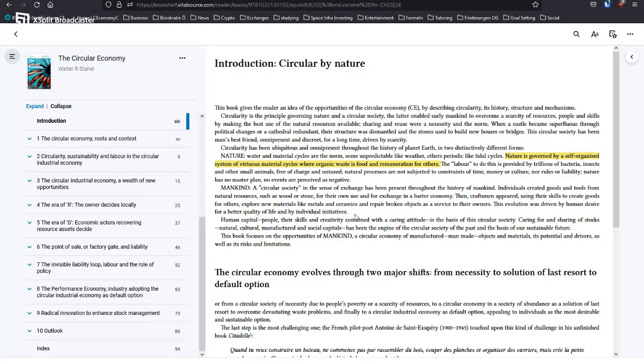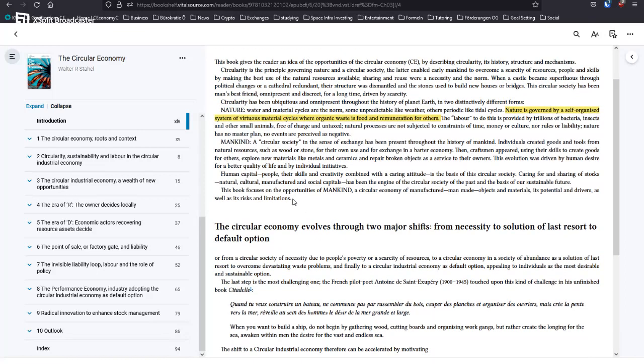So this is actually really, really important, that waste, in contrast to our today's linear economic system, waste is seen as a design failure, and waste is seen as a resource in today's world.